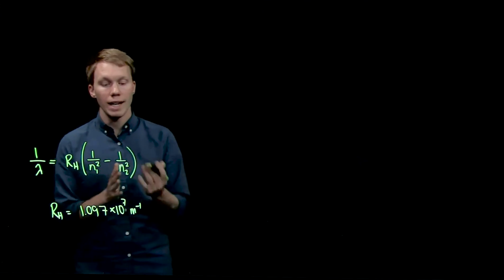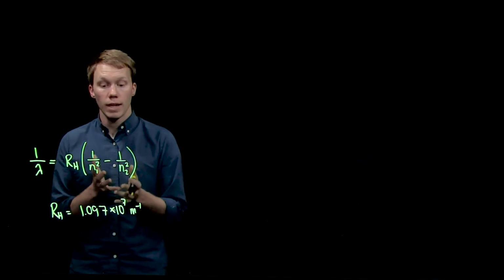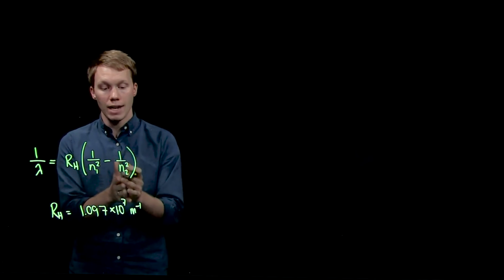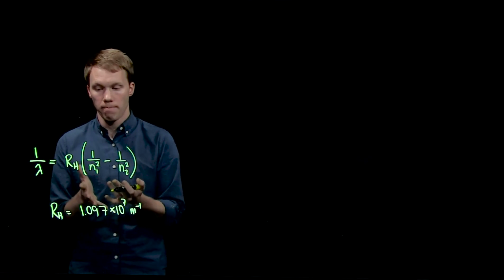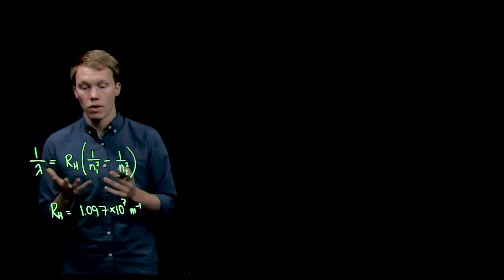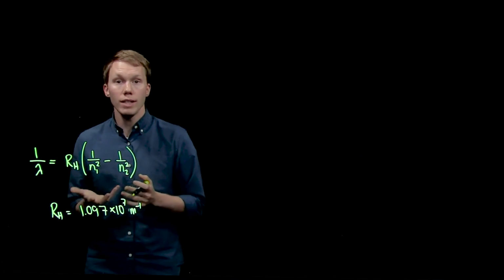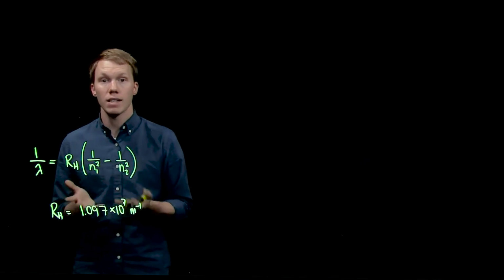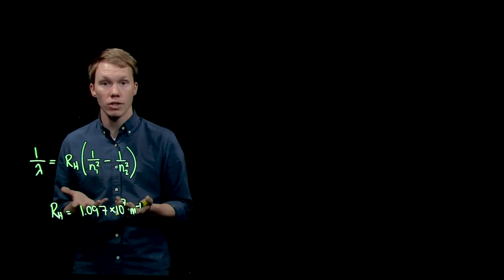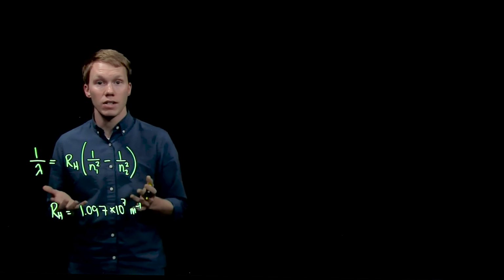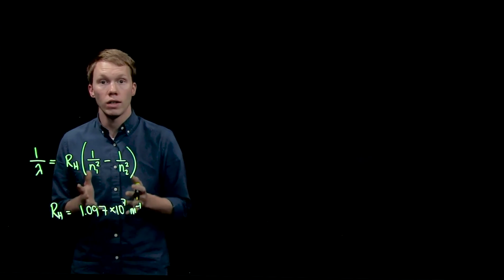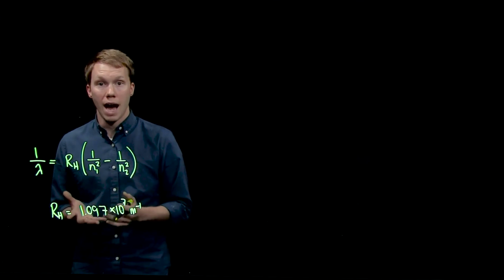And n1 and n2 are integer values where n2 has to be larger than n1. And so this is known as the Rydberg equation, and all it does is simply predict the wavelengths that are possible for the hydrogen atom. It doesn't get into anything at all to explain why.